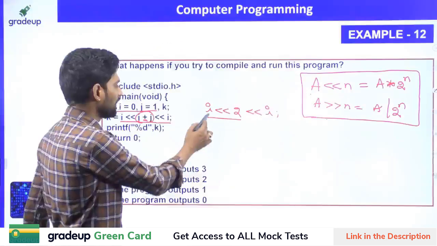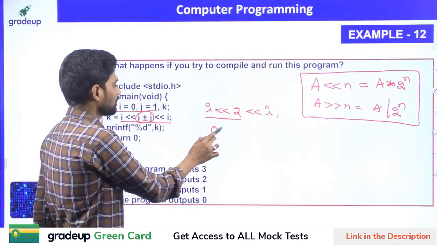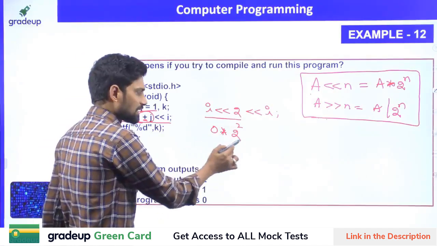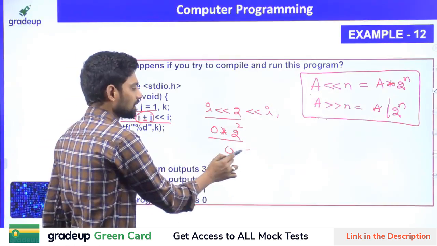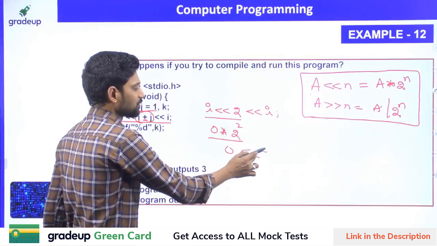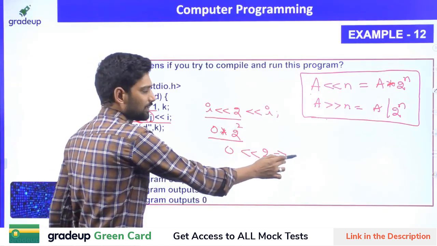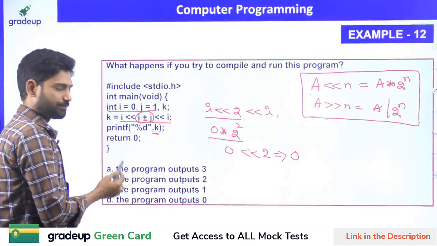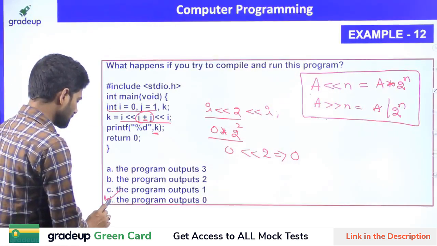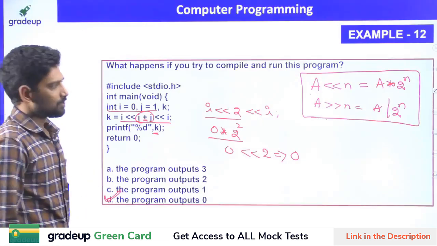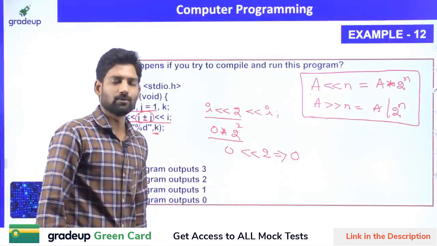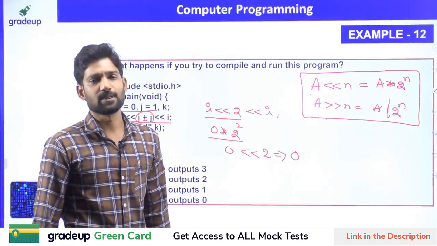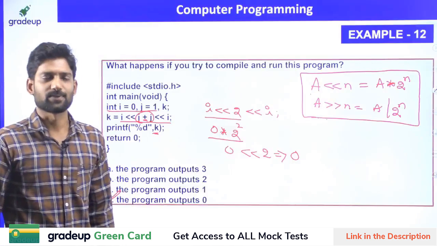So this would be i is 0 multiplied by 2 square, this is again 0, that is again shifted left by 2 times, that again will be 0. So what is k value? 0. So the program outputs 0 would be the answer. So left shift is equivalent to multiplication by 2, right shift division by 2. Next question.